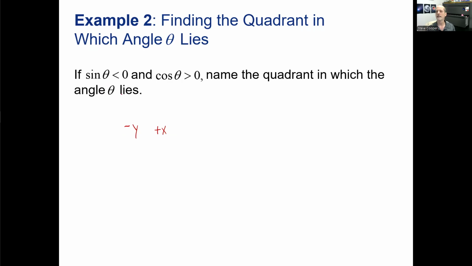What quadrant is the angle in? If you go forward for x and down for y, that puts it in quadrant 4, right? This is where x is positive, and then down below that is where y is negative. So since we're talking about a plus-minus situation for x and y, that puts us there.